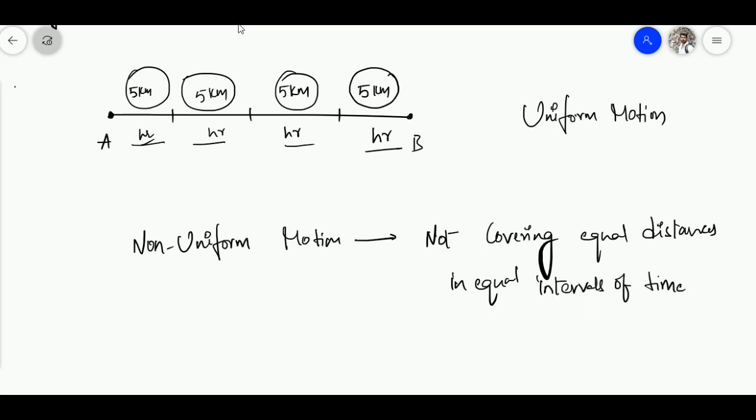But coming to the uniform motion, it is covering equal distances in equal intervals of time. That is the uniform motion which we have seen.